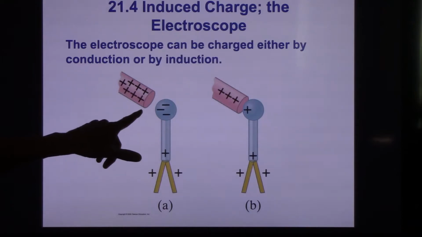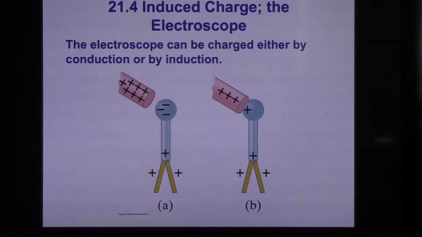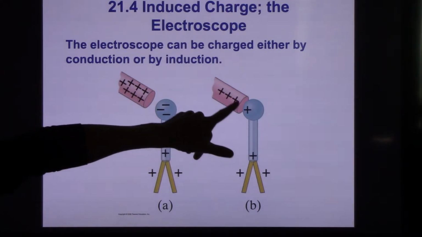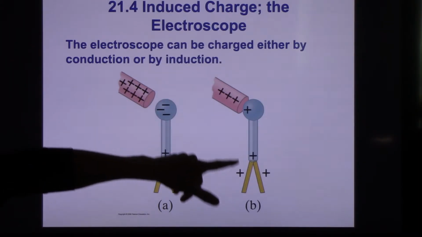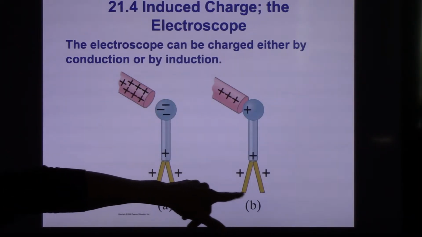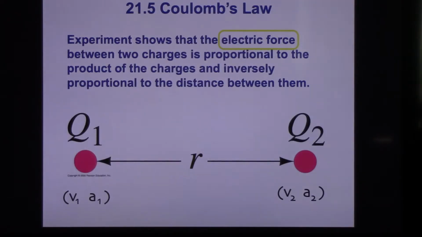We didn't have to make contact. We did this through an induction effect. Now this is through conduction, so if you actually make contact, then the electrons have jumped into this positively charged material. And again, the two foil pieces are now positively charged. And we can measure this effect by how far they push away.